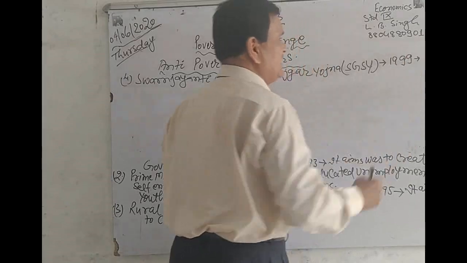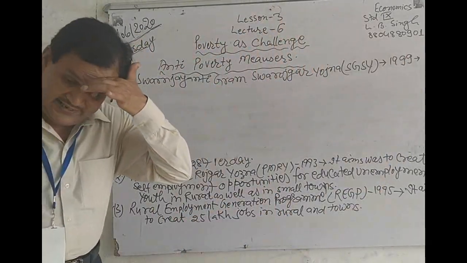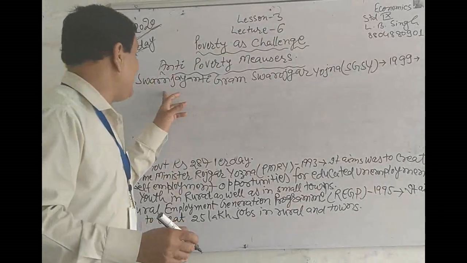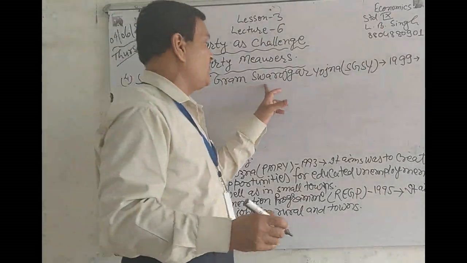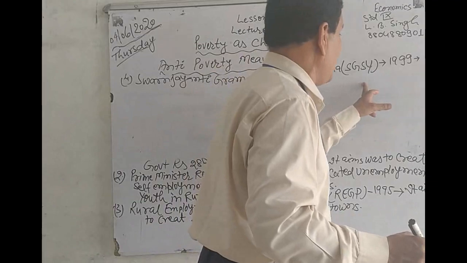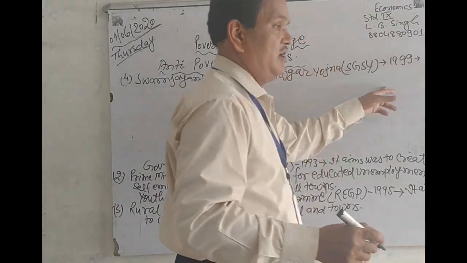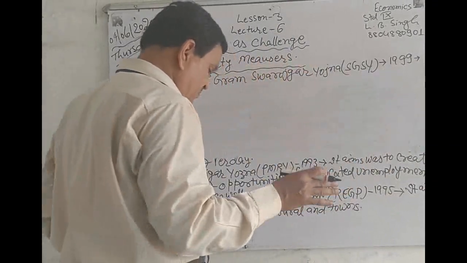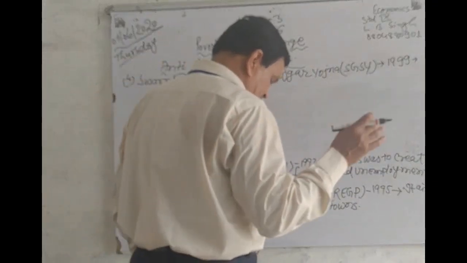With the help of this data, you can make so many questions. When did Swarna Jayanti Gram Swarojgar Yojana start in India? You can write the answer: 1999.